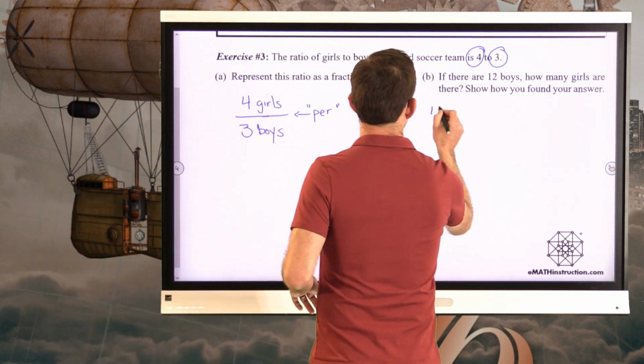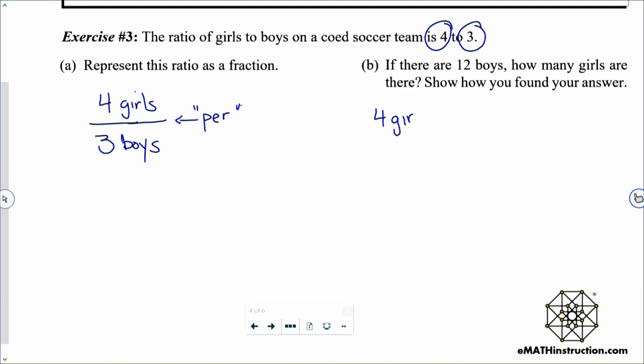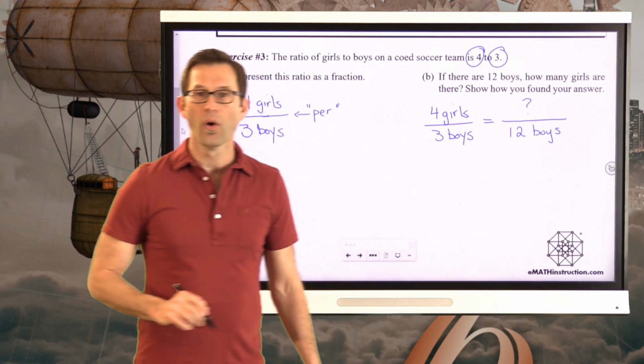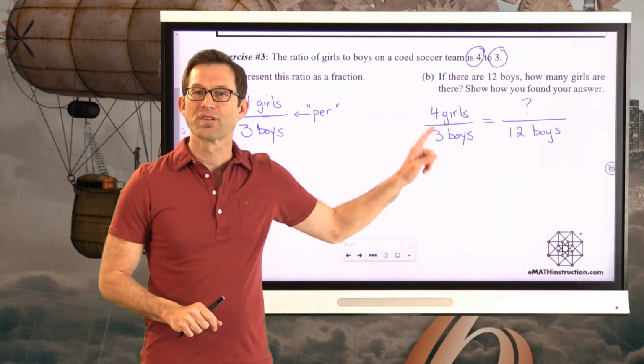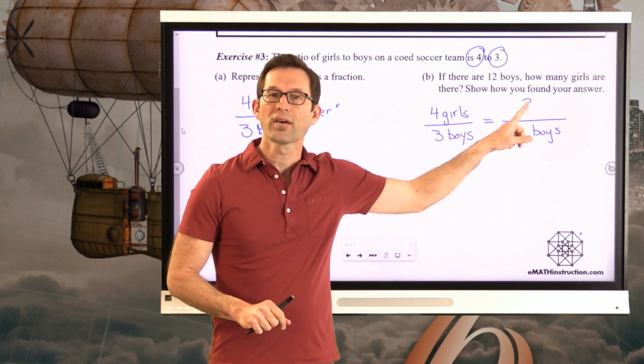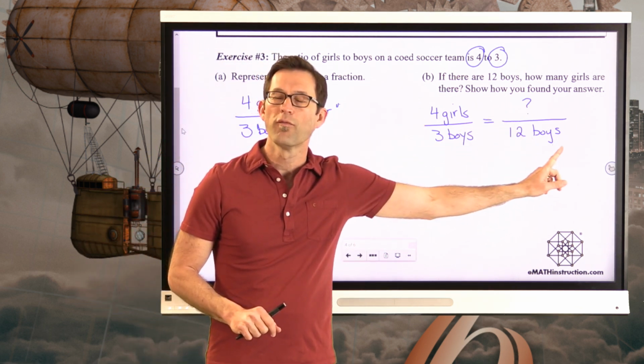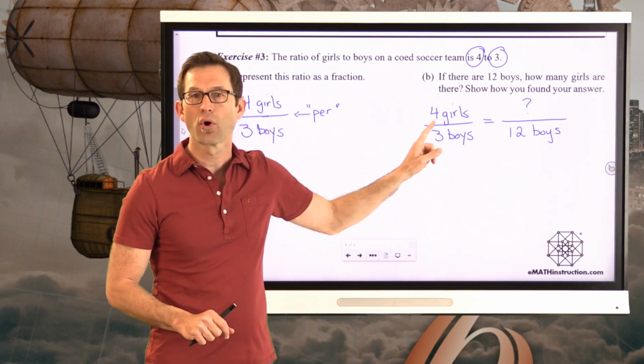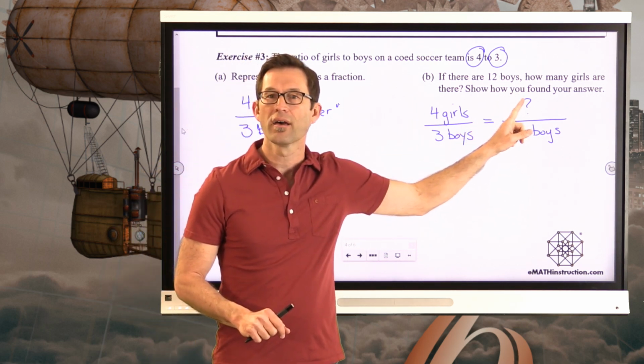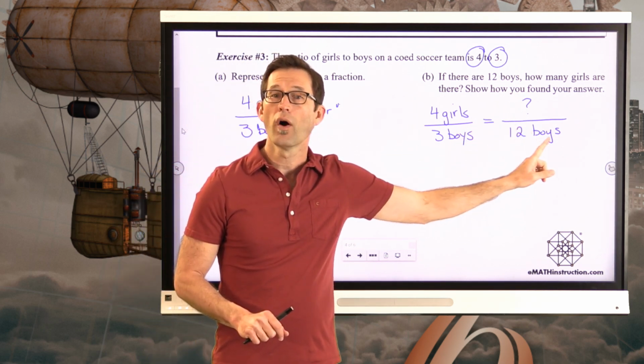But if I want to think about this problem, again, keeping those units there, then it is helpful to have the units because then I know that the boys go in the denominator, right? I got 4 girls to 3 boys is blank girls to 12 boys, or 4 girls per 3 boys is blank girls per 12 boys.